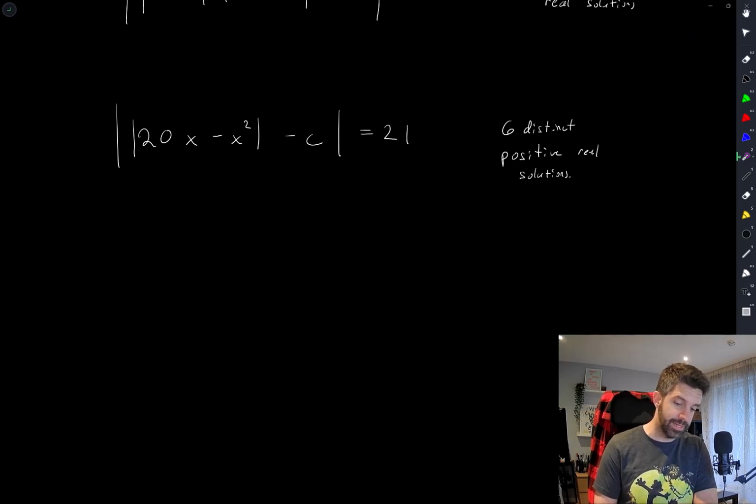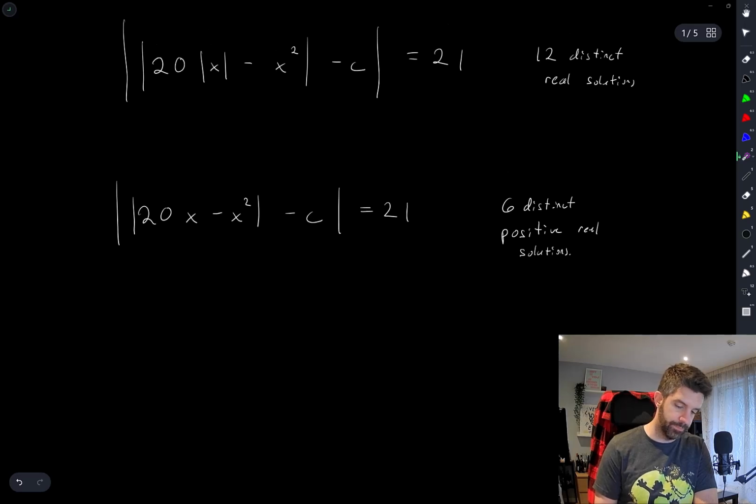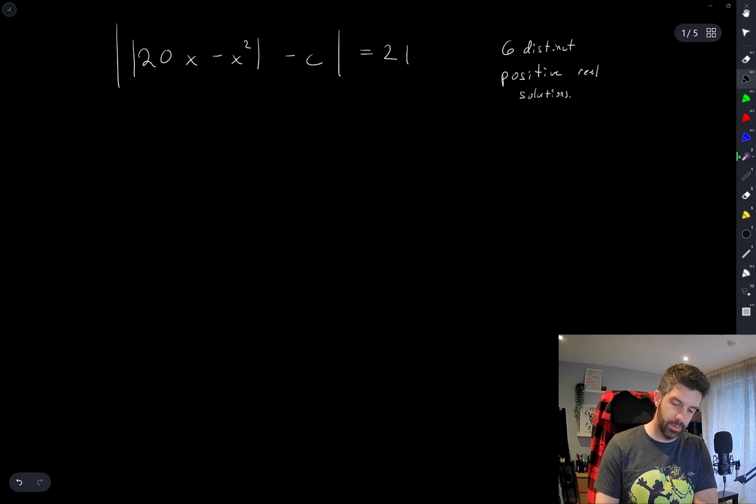So that gives 8 in total. But we want 2 of them to be complex or negative or something like that.